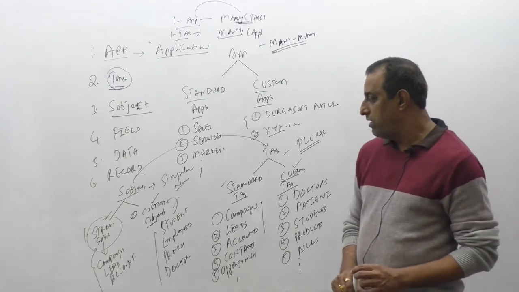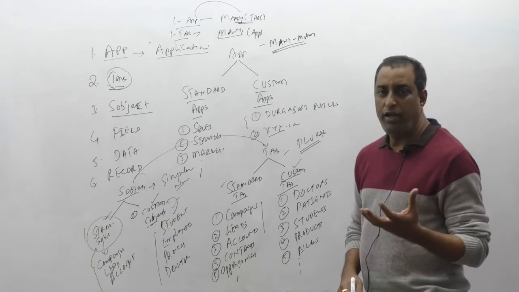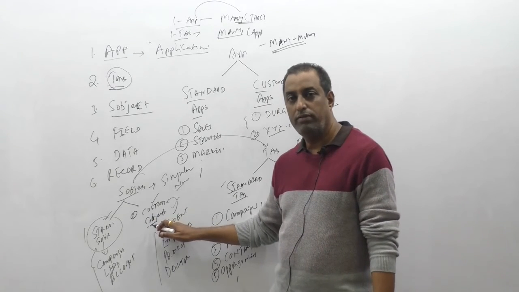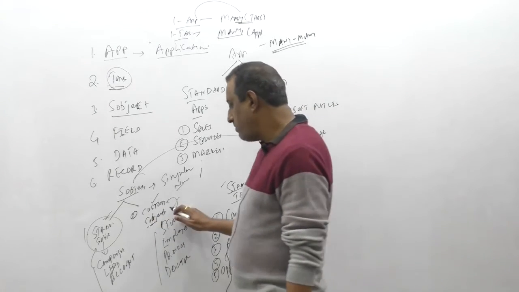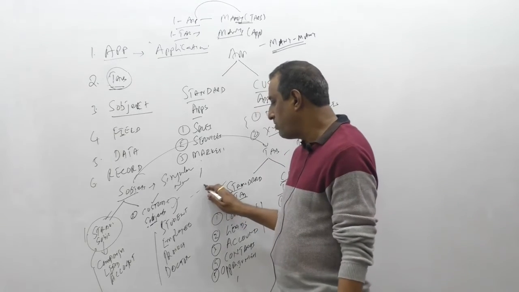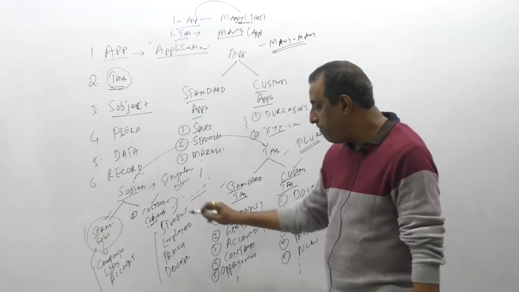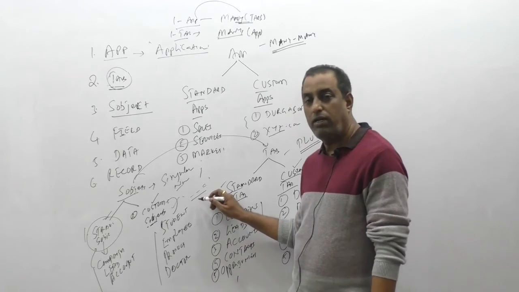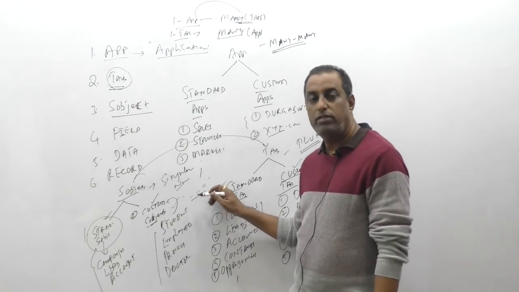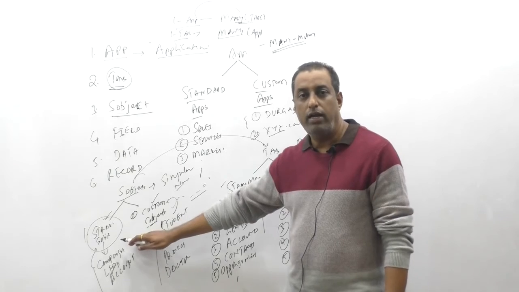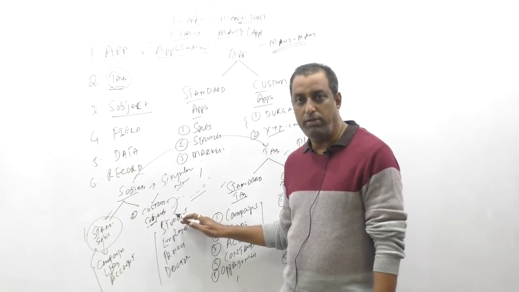Custom SObjects. So how we can differentiate between the standard SObject and custom SObject? Every custom SObject ends with __c. This is how we can distinguish between what? Standard SObject and custom SObject.